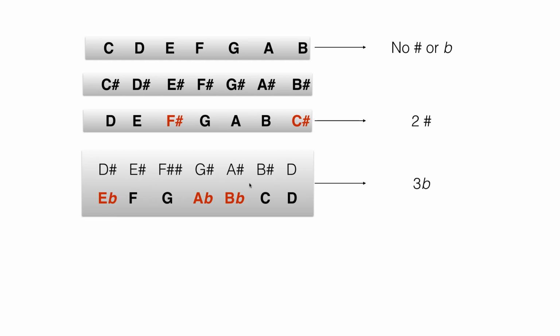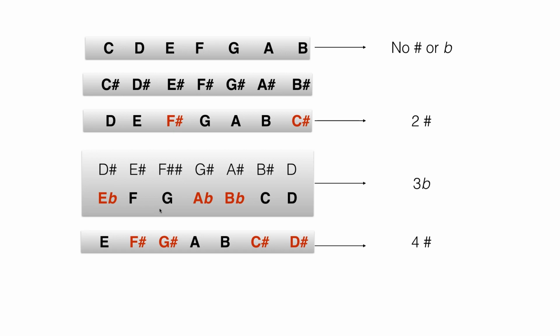So it's the same scale, but this is D sharp major scale and this is E flat major scale. Same sound, different names for the notes. However, we use this notation, which is much easier. We have fewer accidentals in the score. So here we have 3 flats for the E flat major scale.